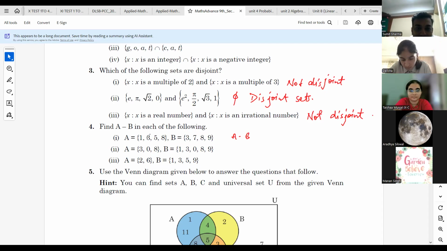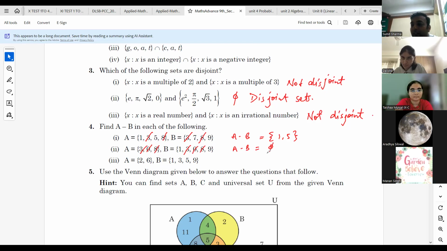Then we have to write A minus B in the fourth one. You'll have to first check and eliminate all the common elements. 1, 3 and 8 are the common elements here. And since you want to find A minus B, you will write the remaining elements of A only. 1 and 5 in the first one. Then we have 3, 0, 8 as the common elements in both, so there is nothing left in A now.